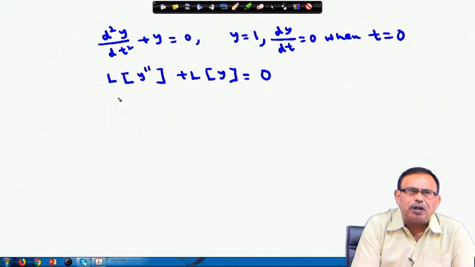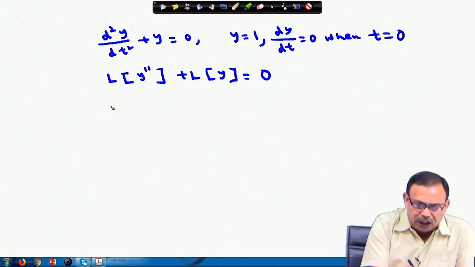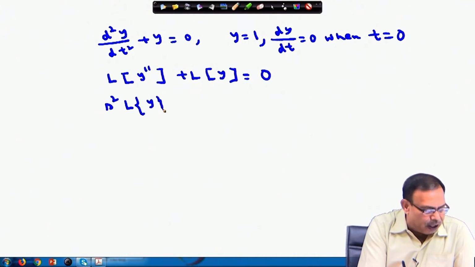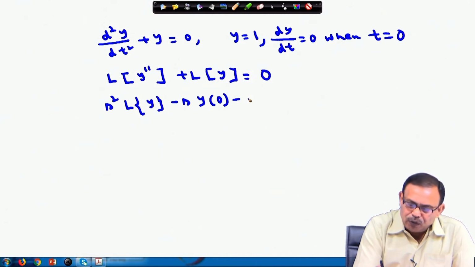Now, using the properties of the Laplace transform, the Laplace transform of y double dash is s² times the Laplace transform of y minus s times y(0) minus y dash 0. This I know from the formula.